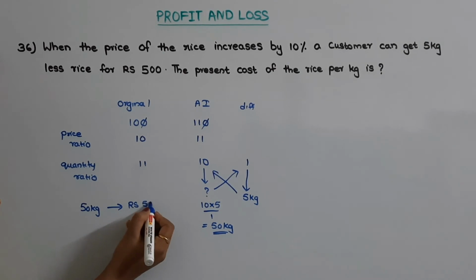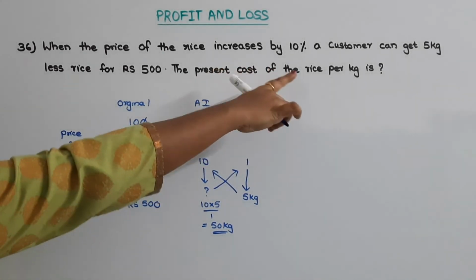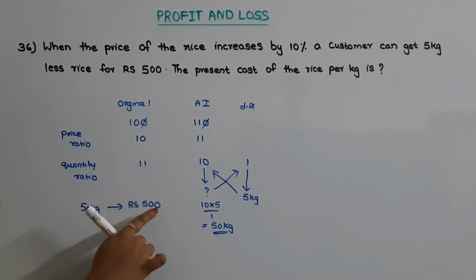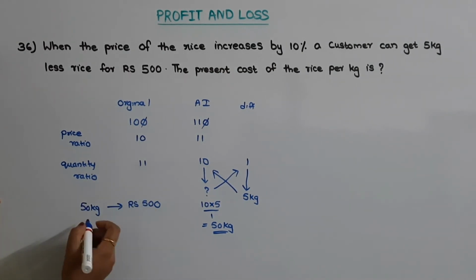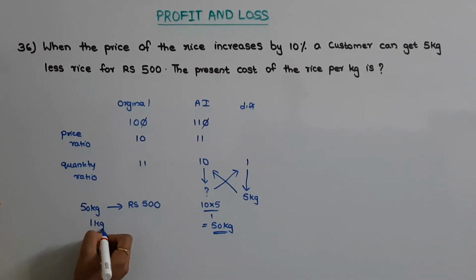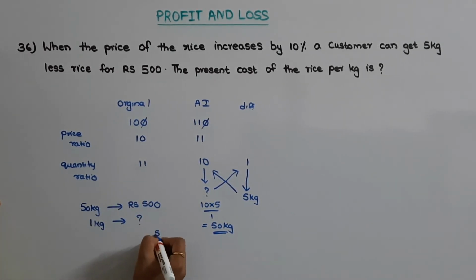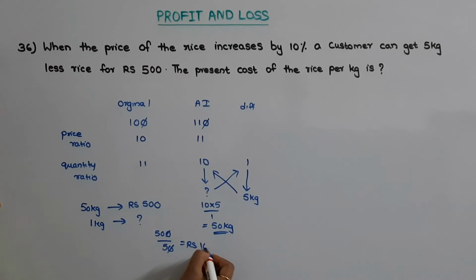So we need to find out the price of the rice per kg. If for 50 kg it is rupees 500, then what will be the price for 1 kg? That will be equal to 500 into 1 divided by this 50. That will be equal to rupees 10. So this is the answer.